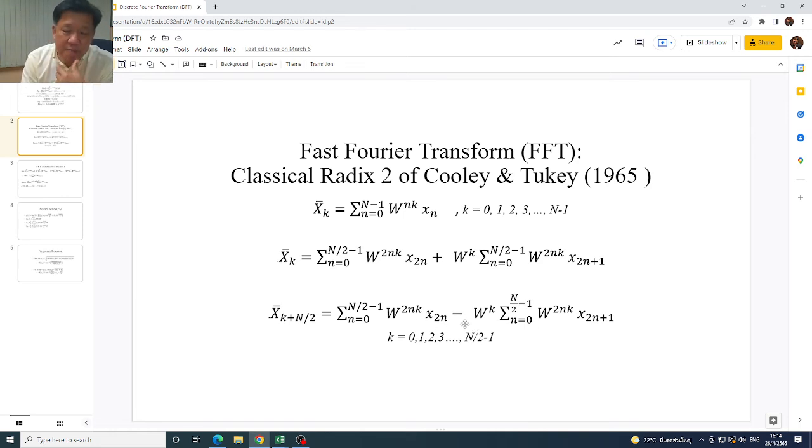So approximately you can see that your work is reduced by half. Remember that for the original summation, for each k you need capital N multiplications and capital N summations. But once you split these 2 terms, the first k is reduced by half.